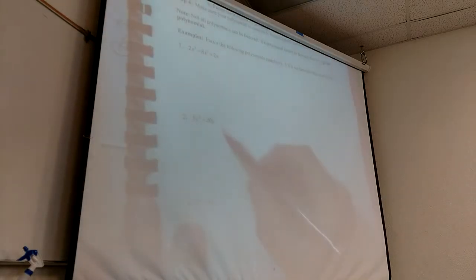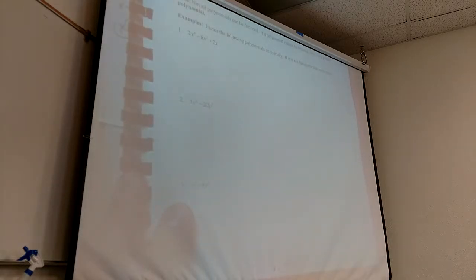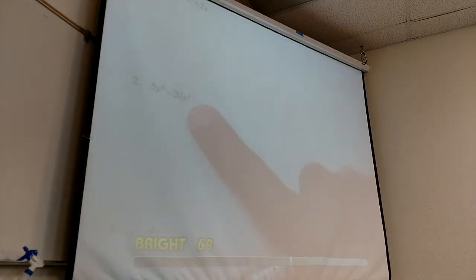So like number 2, what would you do first? This is page 121, which is 11 squared. What would you do on this one? GCF. Yeah, what comes out of there? Careful. And then what's this?